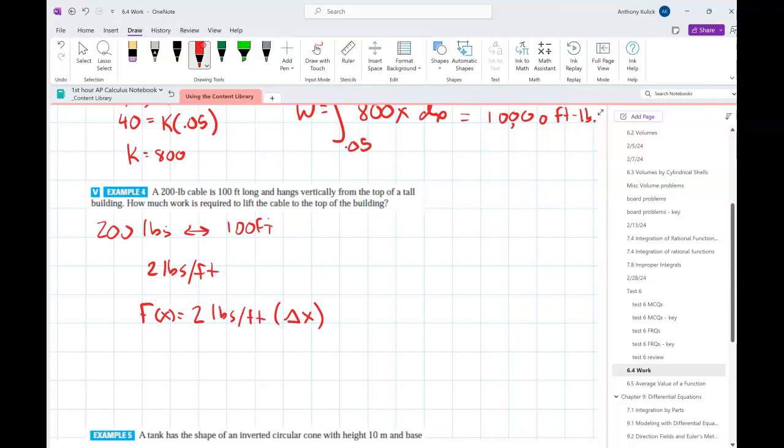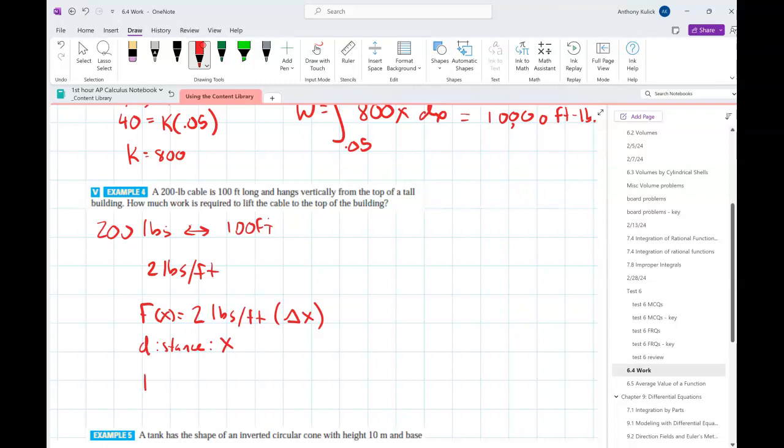How much cable I've pulled up. Everybody agree with that? And then my distance, total distance I've covered is like x, right?